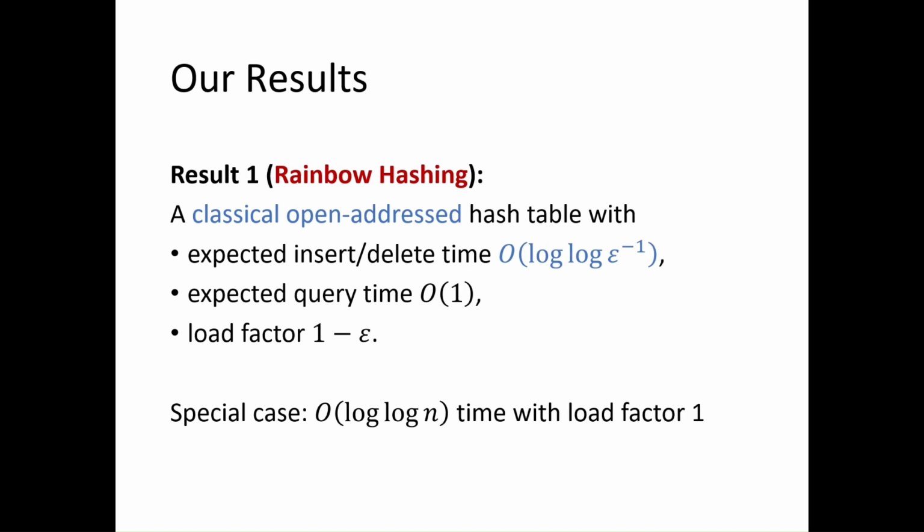This does not only resolve the previous big open question, but also is a doubly logarithmic improvement compared to the previous result. As a special case, when the load factor equals 1, which means that all of the slots within the array are utilized to store keys instead of being empty, we can achieve an operational time of log n.